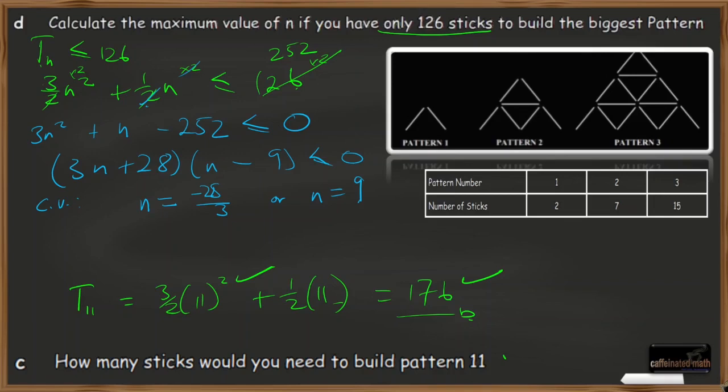Therefore, our max value is going to be n equal to 9, because n cannot be some sort of negative number. n cannot take on a negative value. So 9 is good. 9 is going to give us 126 sticks exactly.